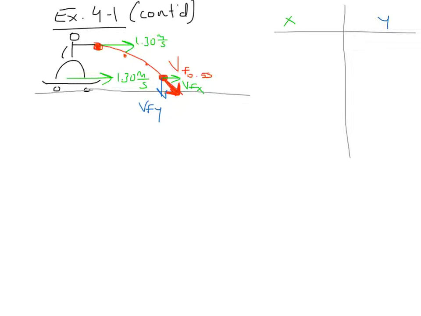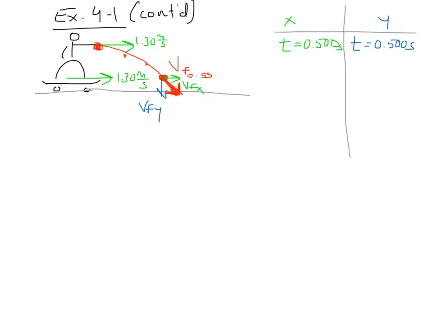Because we can say that the amount of time that elapsed, or we're told the amount of time that elapsed, time is 0.500 seconds. Okay? And the same thing for y as well. Time, I don't want to really put time in the x direction and time in the y direction, because time doesn't have any direction, but as it applies to x or as it applies to y, that time is going to be 0.500 seconds. Okay?